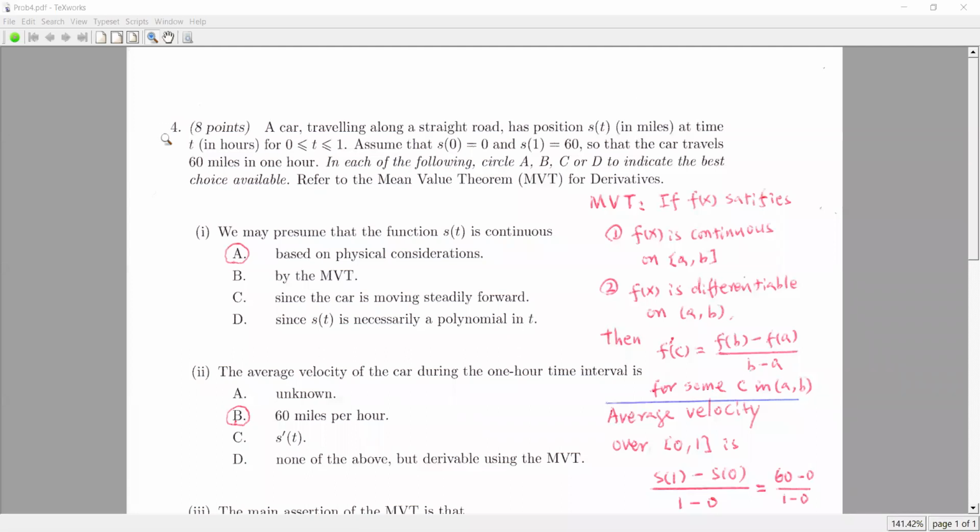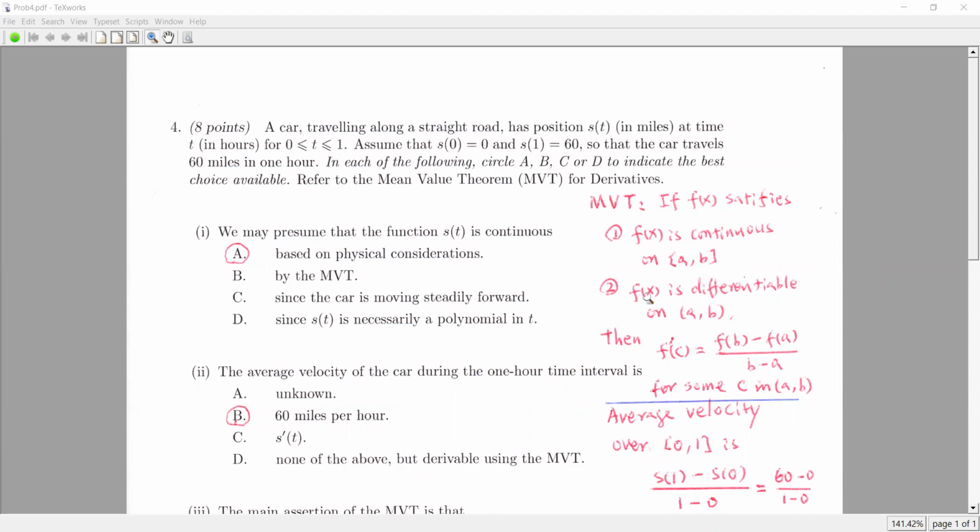Problem 4. This problem is about the mean value theorem. Mean value theorem is from section 4.2. Take a review about the theorem. The theorem says that if function f satisfies these two conditions. Condition 1, the function is continuous on the closed interval AB.